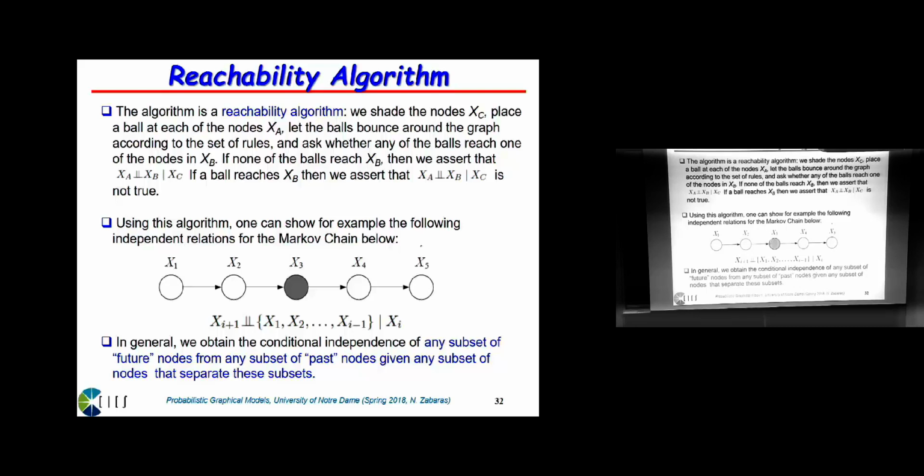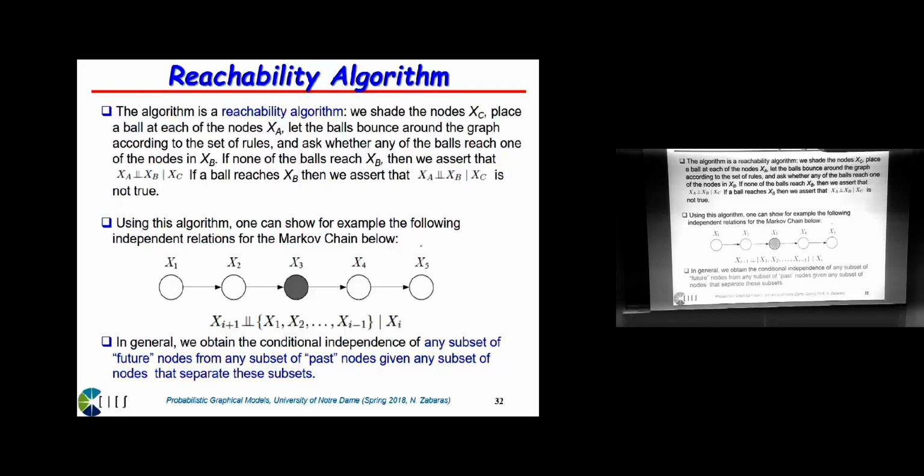Let's say in this case x3 is the evidence, so my i is 3, and what we need to prove is that x4 is independent of x2 and x1.